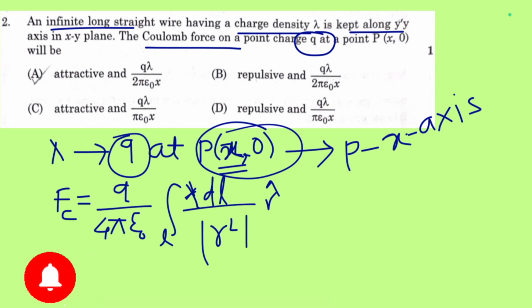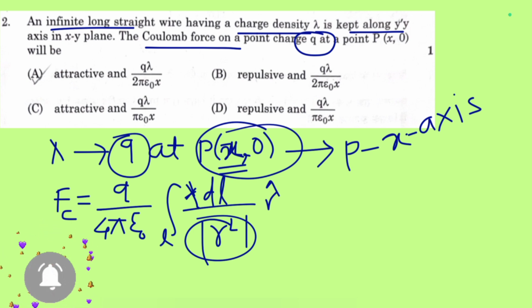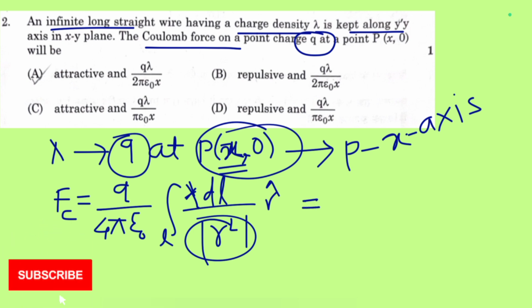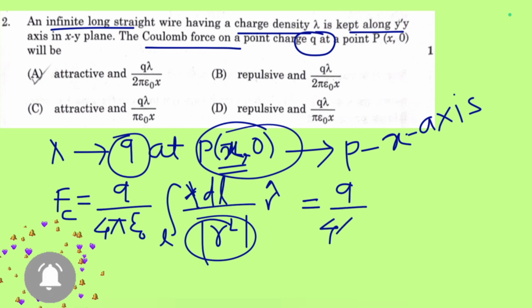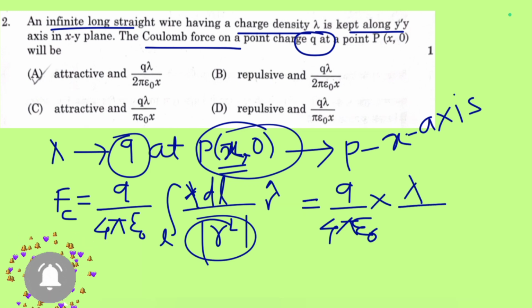That is the direction along the x-axis, so there will be no confusion. In place of r I will write x, and after doing the integration I will get that particular direct formula. That should be q upon 4 pi epsilon naught multiplied by lambda, and then it should be x.